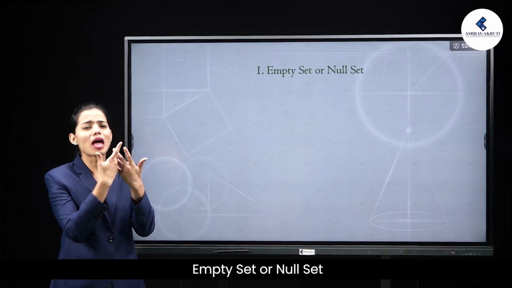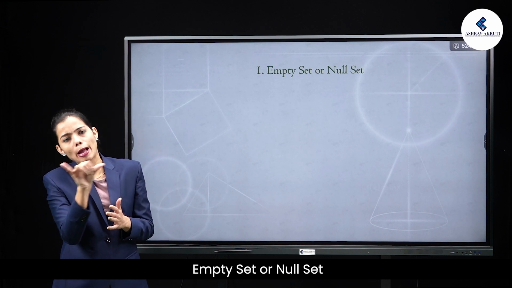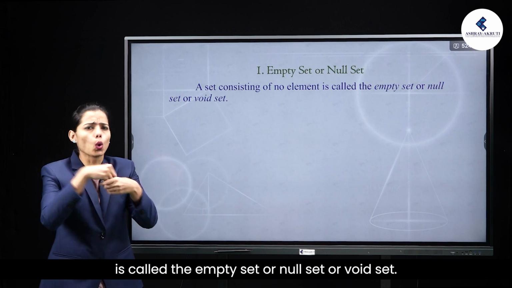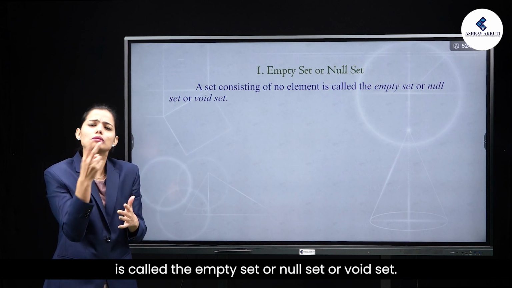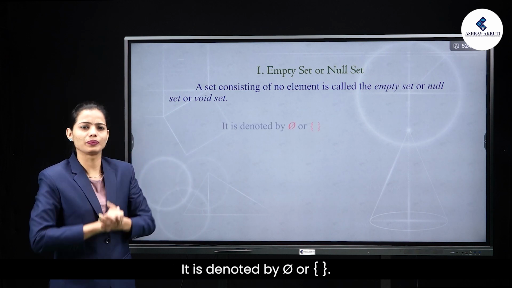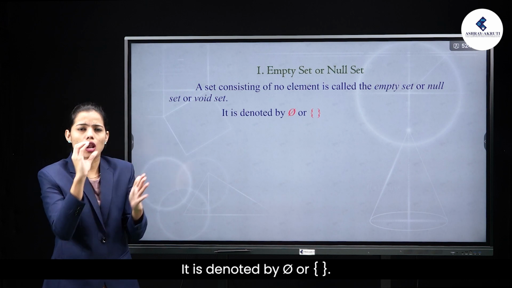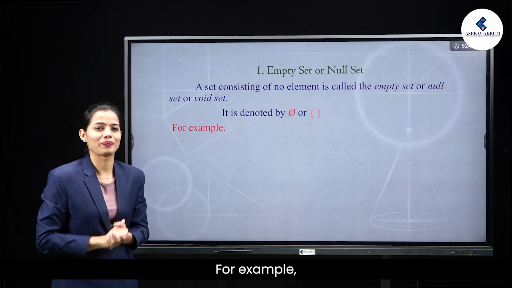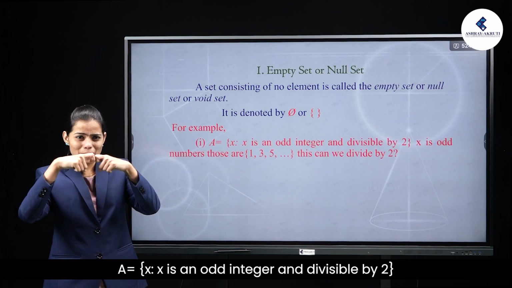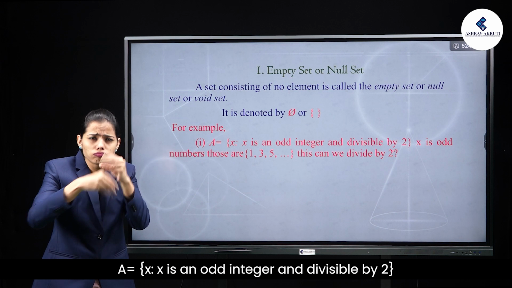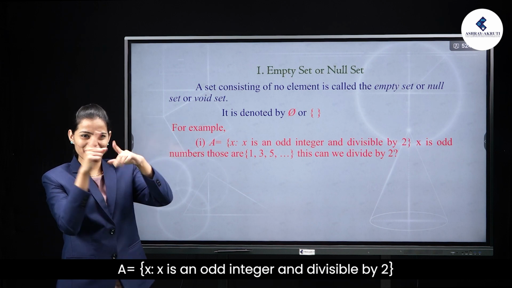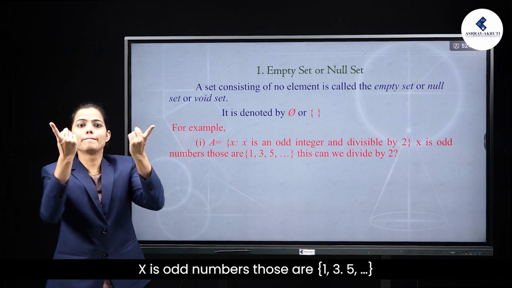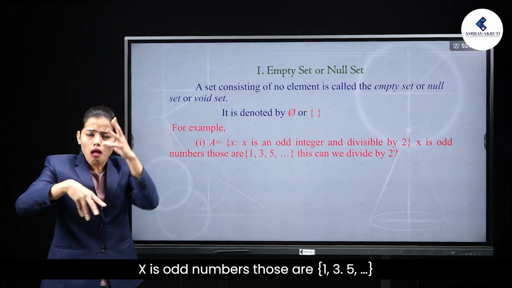Empty set or null set. A set consisting of no element is called the empty set or null set or void set. It is denoted by the empty set symbol. For example, A = {x : x is an odd integer and divisible by 2}. x is an odd number, those are 1, 3, 5.